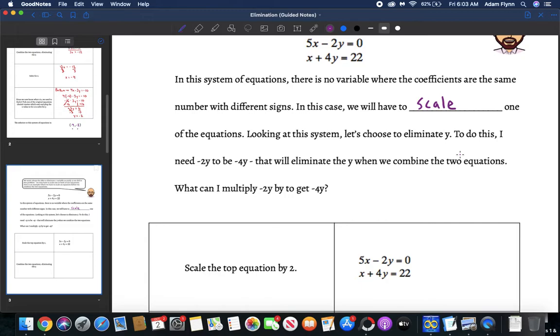Looking at this system, let's choose to eliminate y. To do this, I need -2y to be -4y. If this were -4y, it would eliminate because I would have -4y plus 4y, which is 0. It cancels out. So what can I multiply -2y by to get to -4?